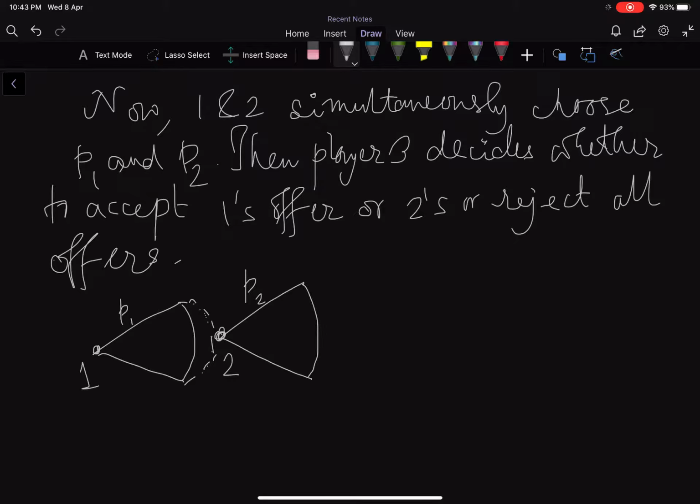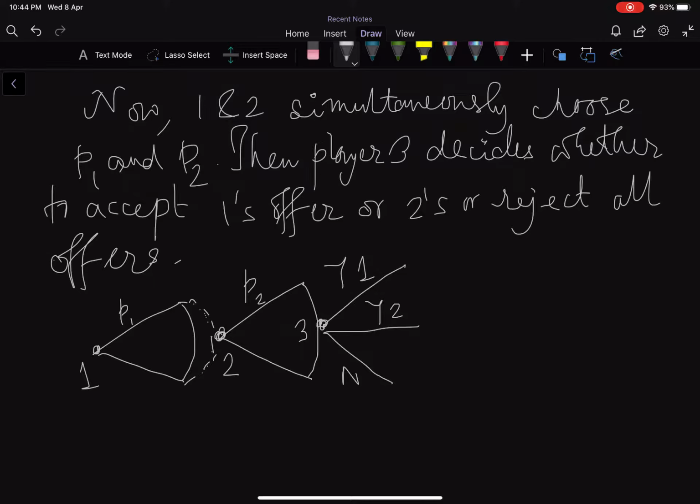Simultaneously with player 1, and then player 3 can see all the offers, and then say yes to player 1, or yes to player 2, or say no to everybody. N means rejecting all offers. Y1 means accepting only 1's offer and rejecting 2's, and Y2 means the other way.